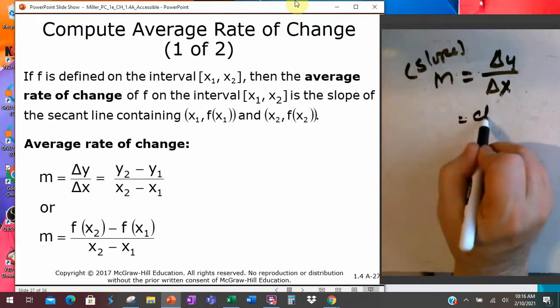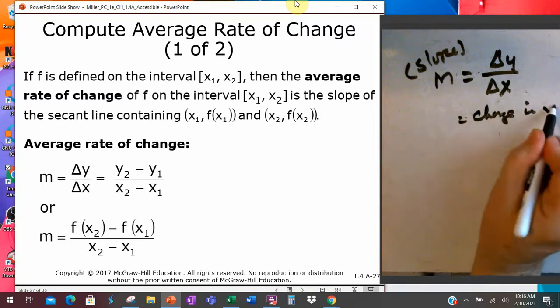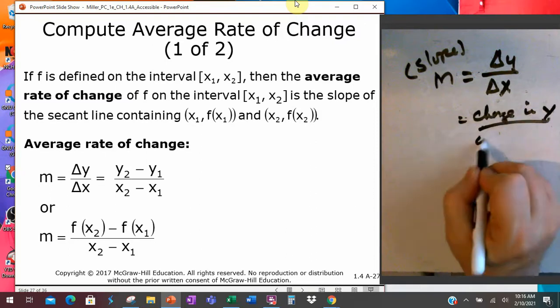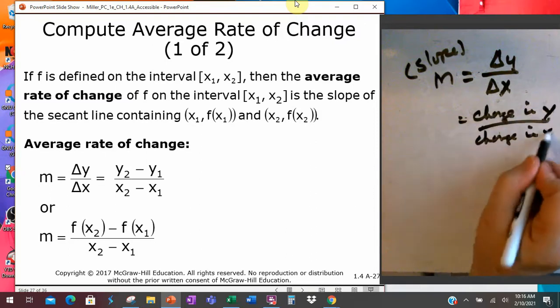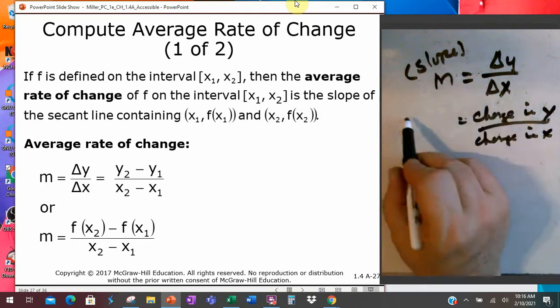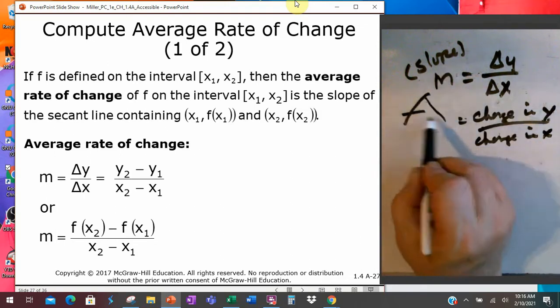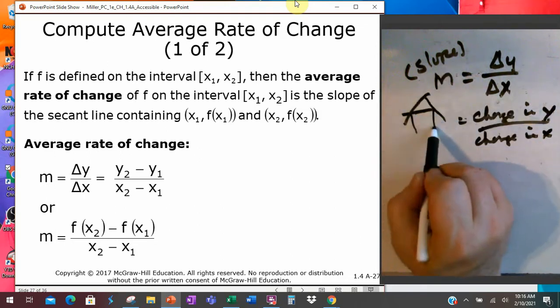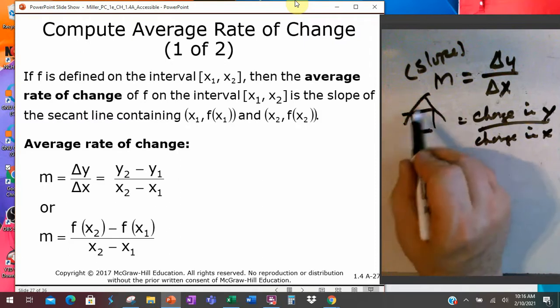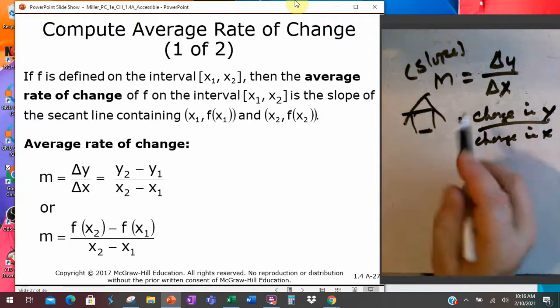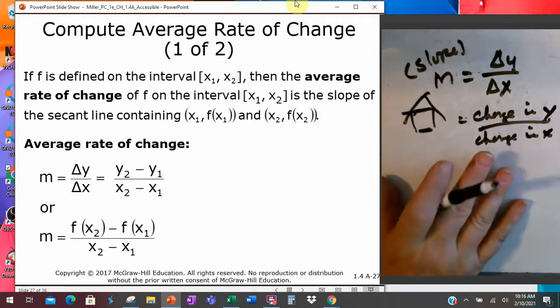This is the change in y divided by the change in x. Okay, the slope of the roof, right? You got a rooftop. Here's your house. It's a poor house, but that slope, the pitch, it's all the very same thing.